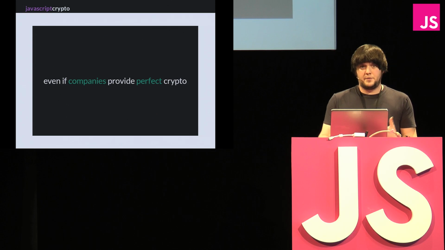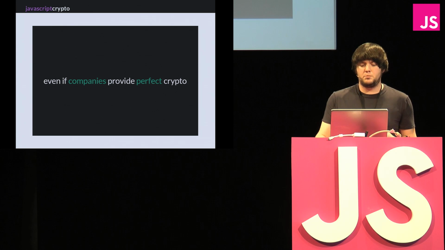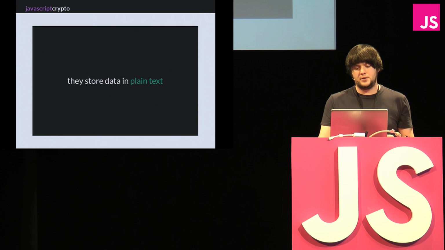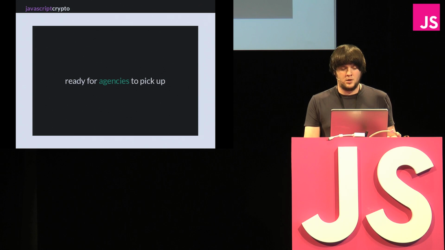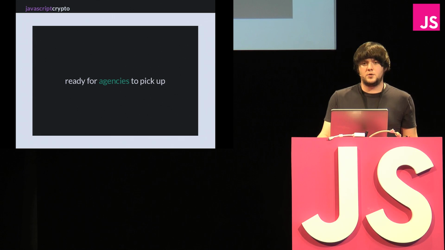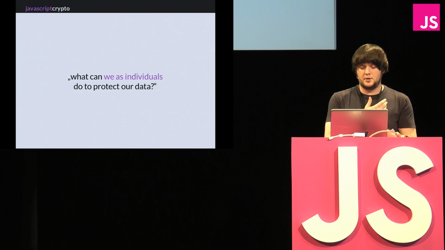So we create something that we cannot control any longer, and one of the problems is that a company, if you provide an application to the public, then you can implement perfect crypto on the front, but the agencies will just go in the back and they will get your data because you store it in plain text somewhere. And so this happens through extortion, or the data is sold, whatever, and it's a problem. Now the question is, are we powerless against this?